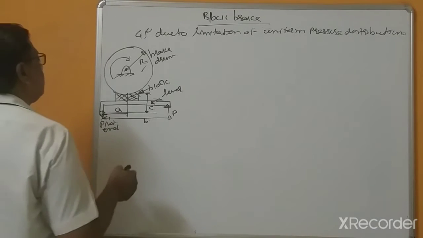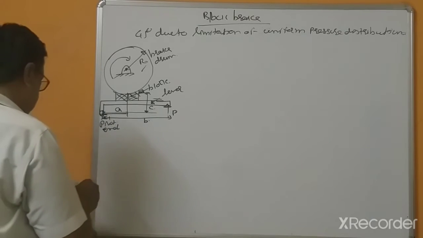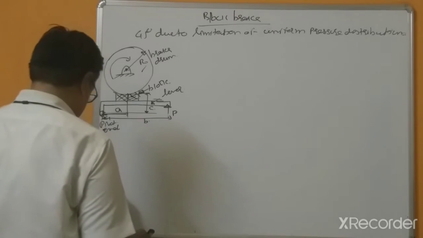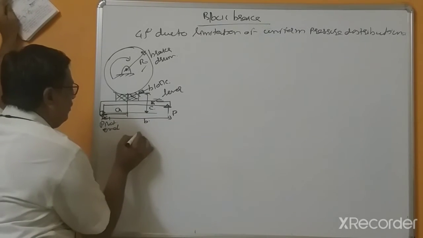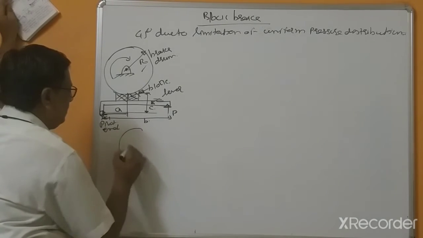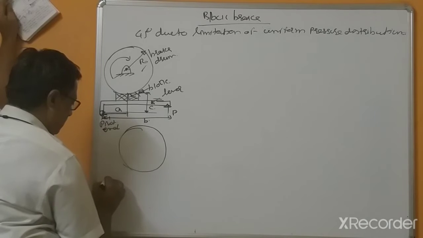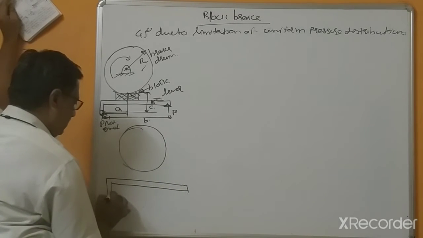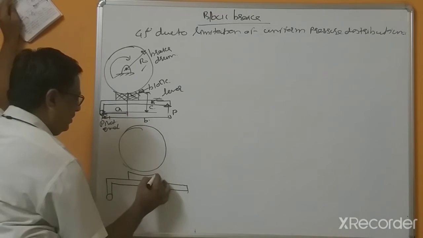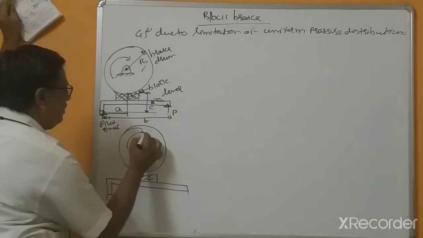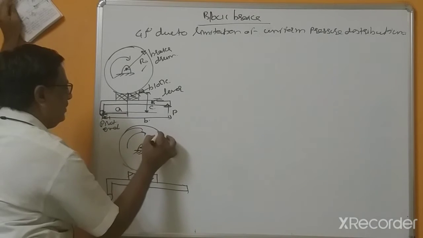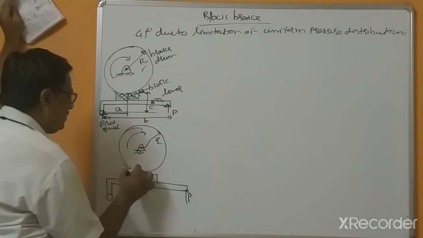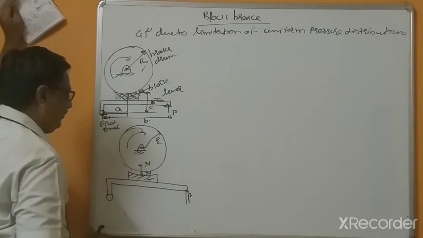So the force acting here, this force is the normal force acting. Free body diagram. This is rotating clockwise. This is R. This force P, and here is force, this is N. Here also N, and this is rotating.